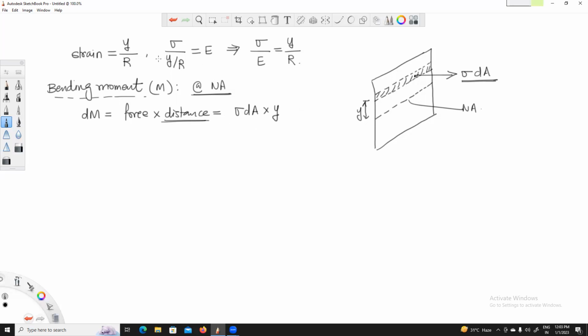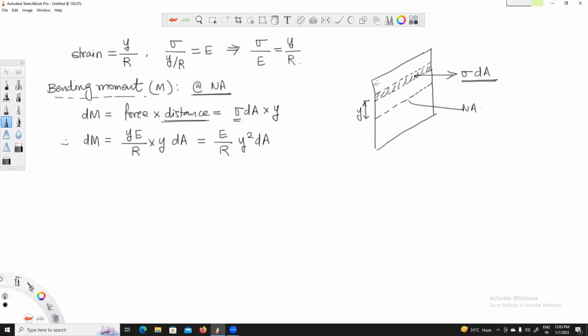So this dM would be sigma, and sigma from this would be given as E y divided by R, multiplied by y times dA. So I can simplify this as E over R times y square dA.